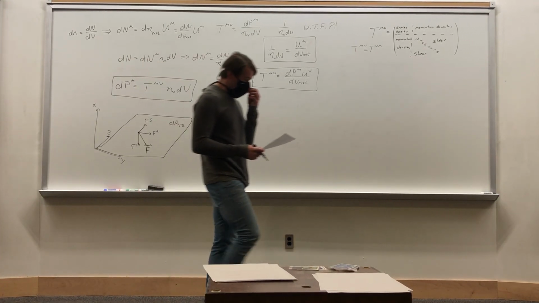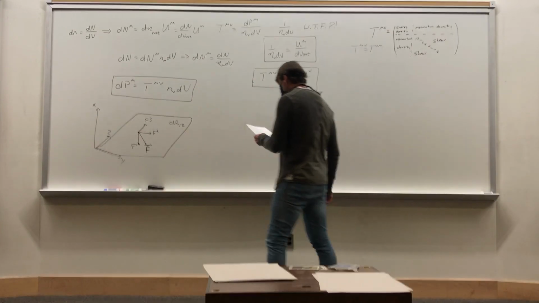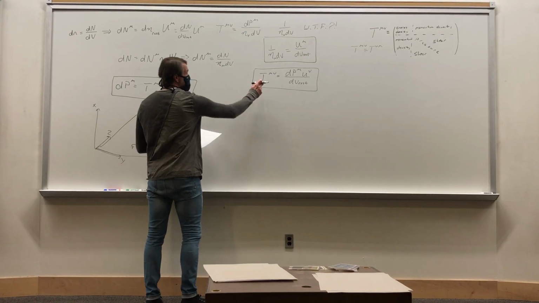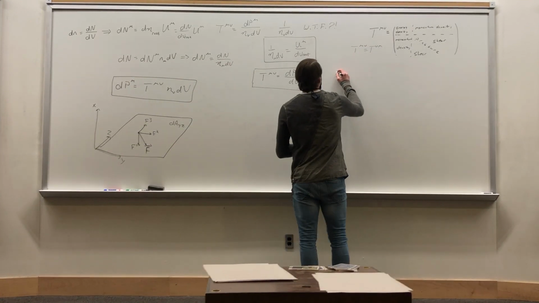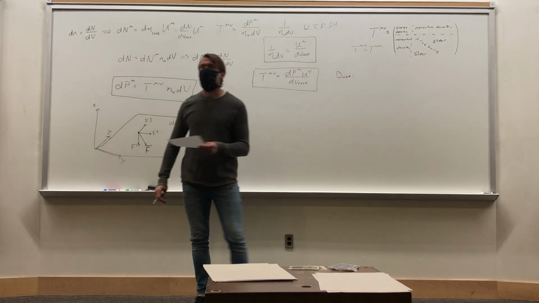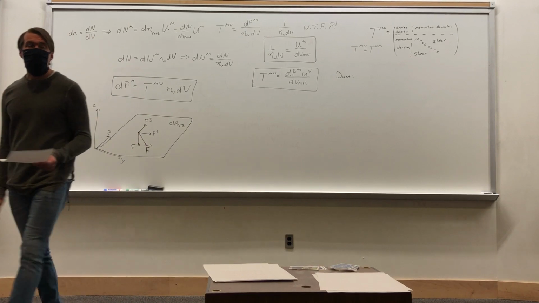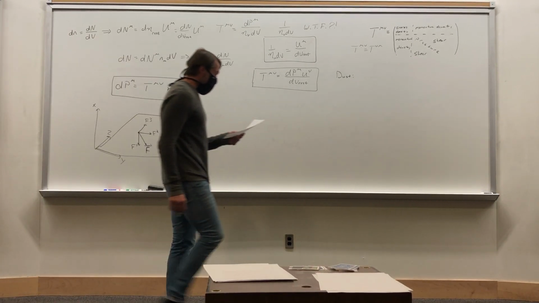We're going to use this extensively in our next few examples. What we're going to talk about now is the case of dust. Dust is perhaps one of the simplest possible examples of an energy momentum concentration.